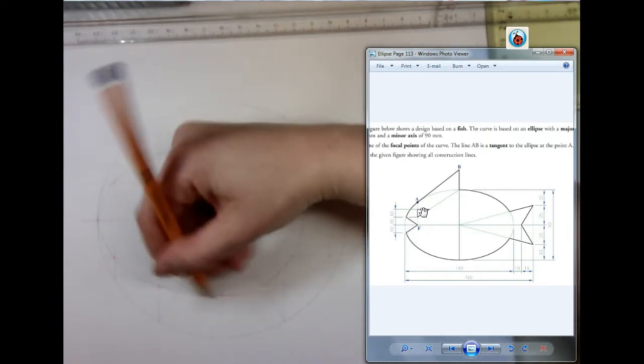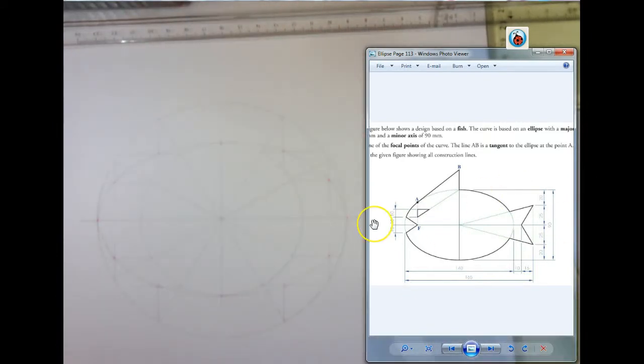So we're not going to darken in our ellipse just yet because, as you can see, it's not fully darkened in.